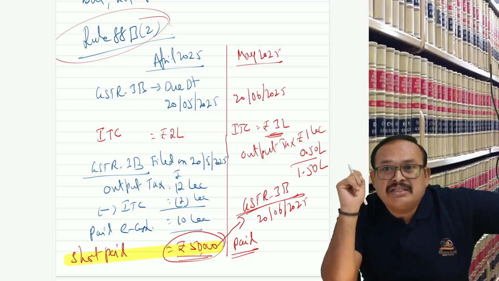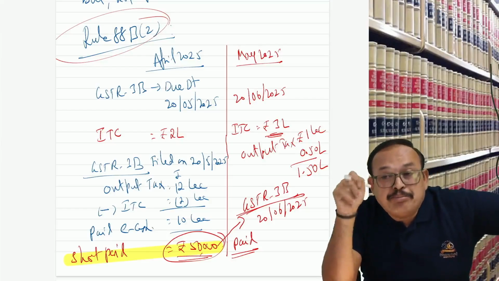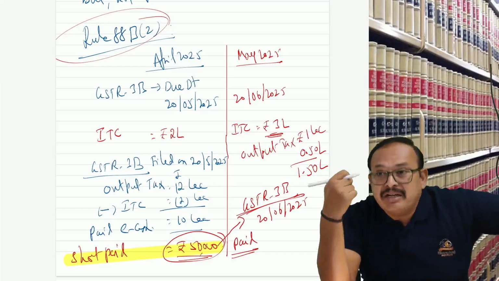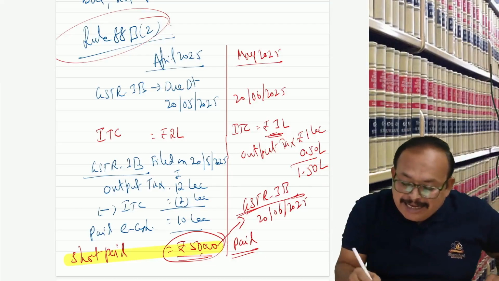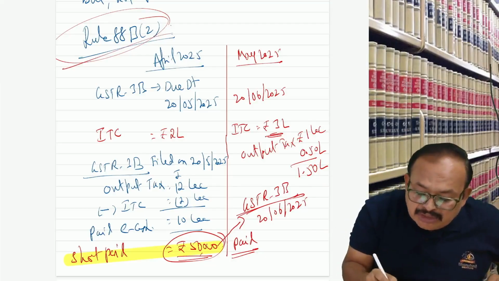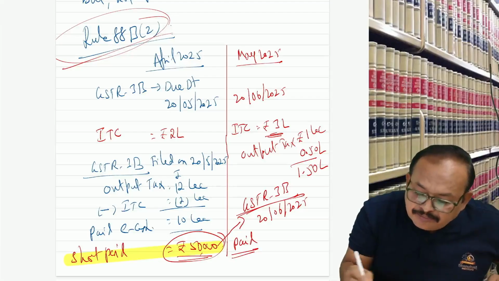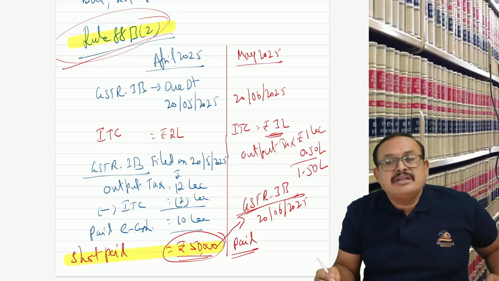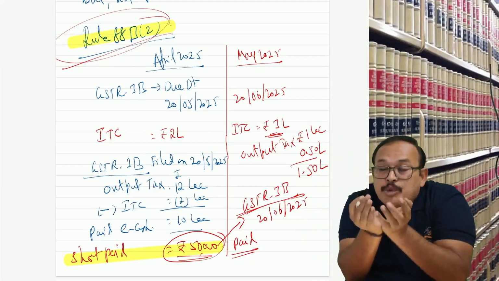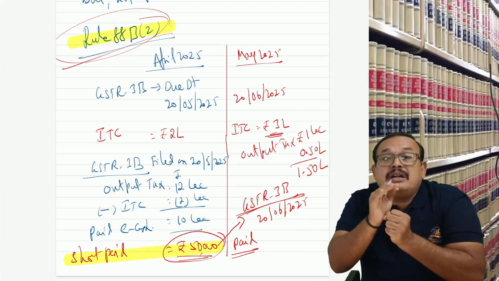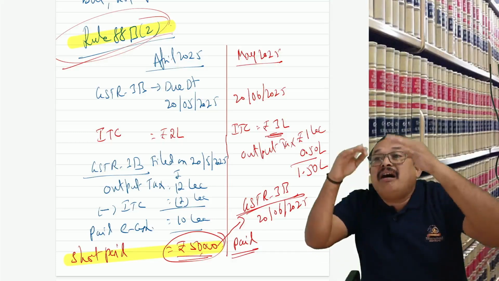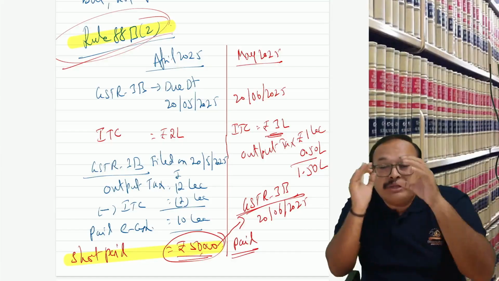For which, while paying that amount of 50,000 belatedly, rule number 88 capital B sub number 2 says that gross liability should be considered for interest purpose. Gross liability should be considered.